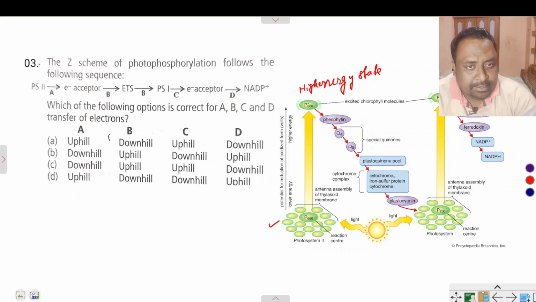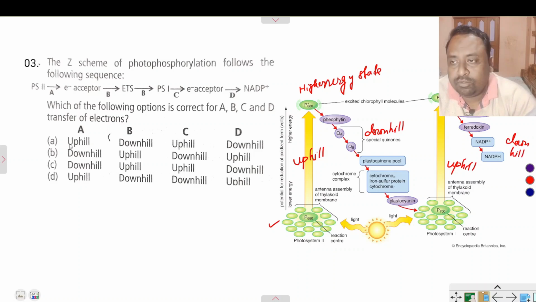Then from this electron acceptor to NADPH is a downhill step. So uphill, then downhill, then again uphill, and then again downhill. The correct option of this question is A.